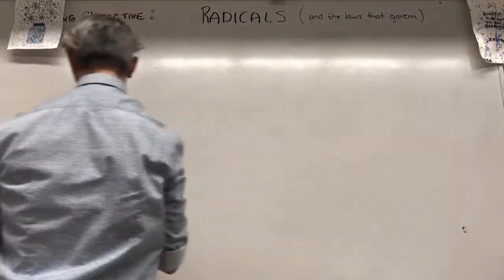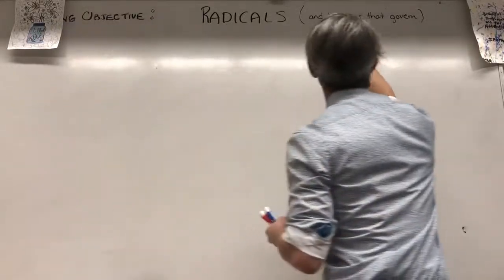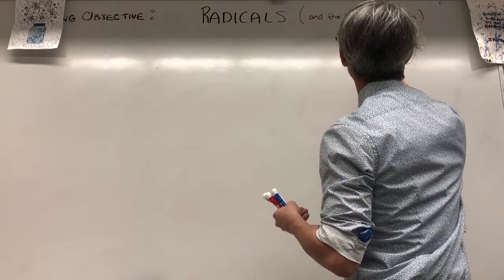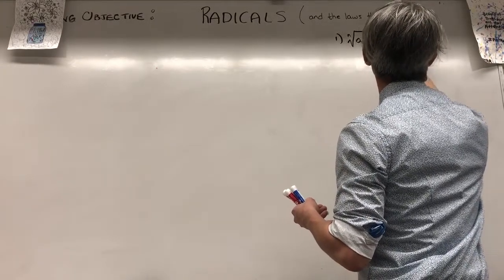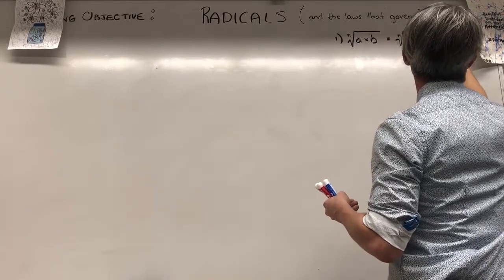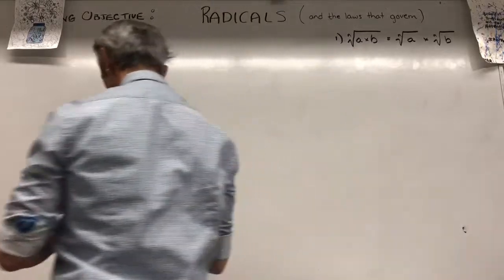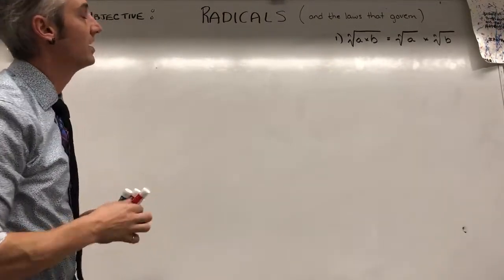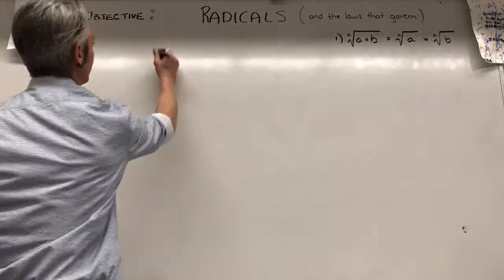And I'm going to put that law right here just as a reference. So the nth root of a times b is equal to the nth root of a times the nth root of b. So when we're dealing with radicals, we have 2 versions of a radical.